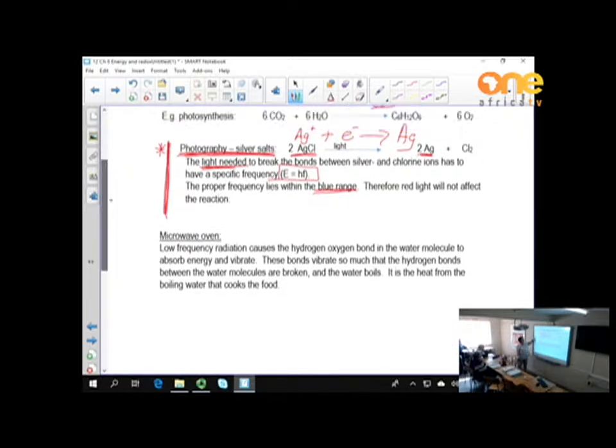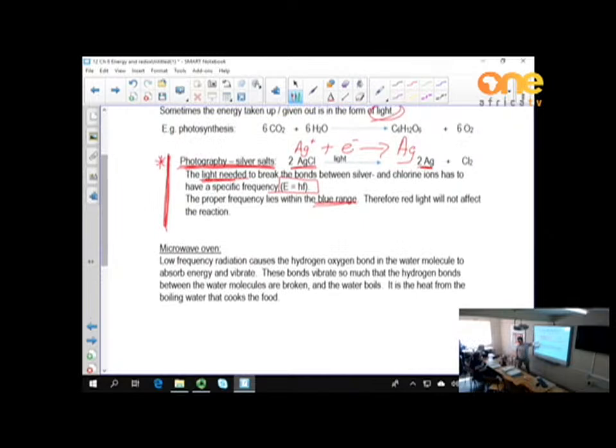When we do organic chemistry, there's another reaction that is helped along by light. When we test for saturation, unsaturated substances discolor immediately, but saturated ones only discolor over a long period of time if exposed to light. That would be another reaction, but we will do that when we are busy with organic.